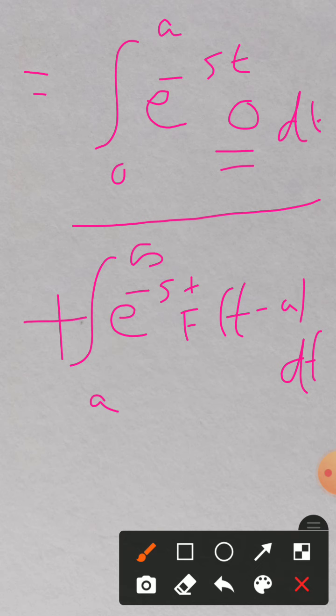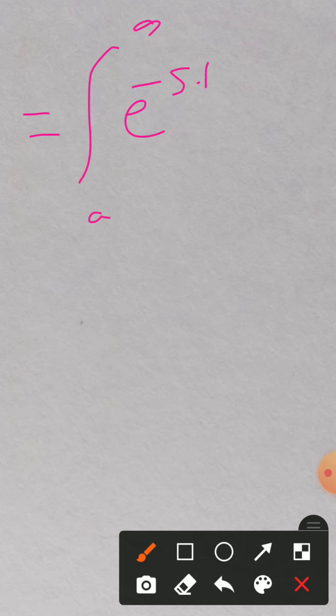That's why in the second term, we have to put f(t minus a) for g(t).